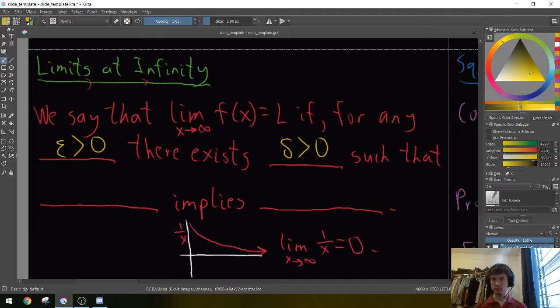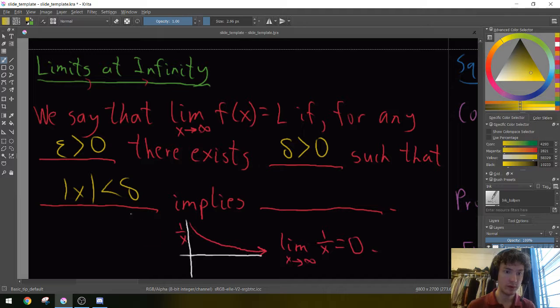Could it simply be the absolute value of x is less than delta? That's a total guess. Well, let's think about what this statement means. Absolute value of x less than delta means x is close to 0, right? This is saying x is within a distance delta of 0.